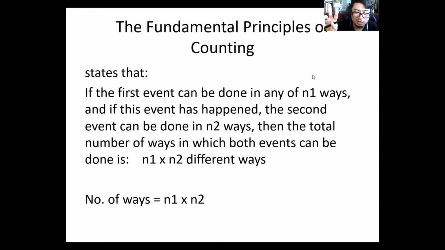Then the total number of ways in which both events can be done is simply we will just multiply. So our formula for the multiplication method of the principle of counting is: the total number of ways is the event number 1 multiplied by event number 2.